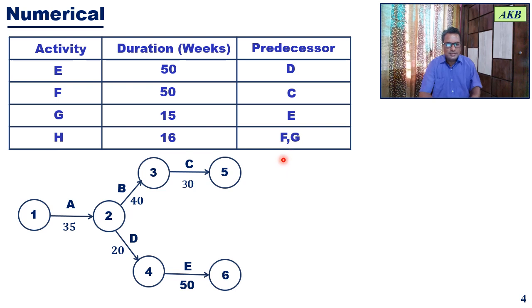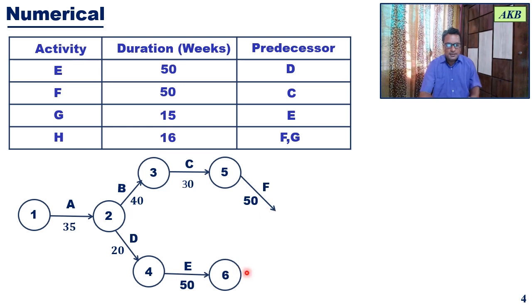So that means F and G, these two activities should complete at one event, and from that event, the final activity, that is activity H, will start. So let us show this in the network diagram. From after activity C, which completes at event 5, we are starting activity F. It is going to proceed for 50 weeks.